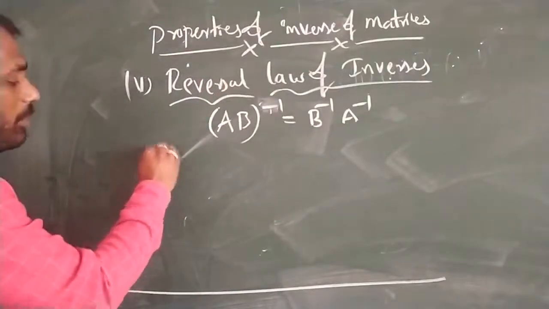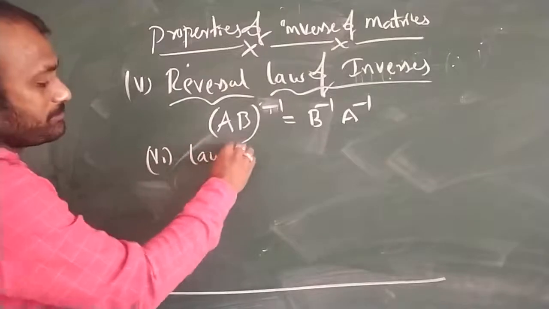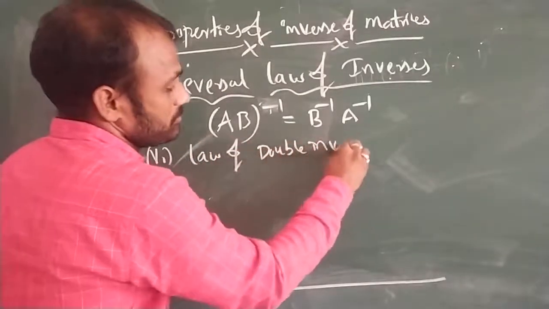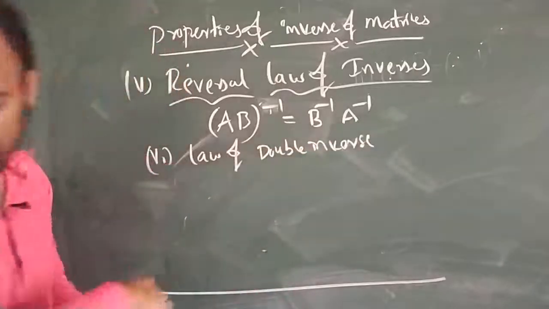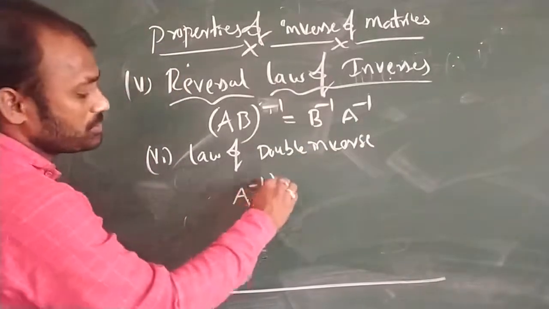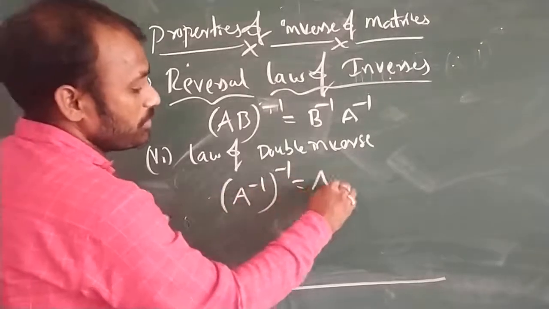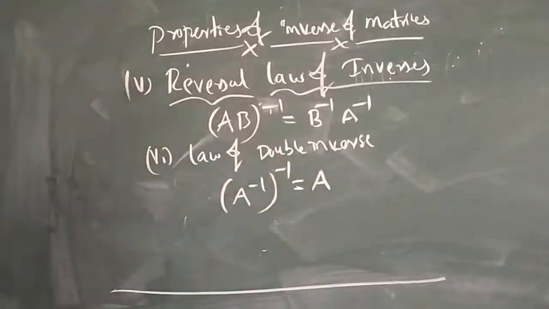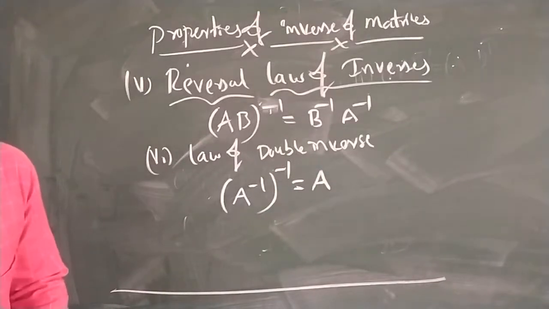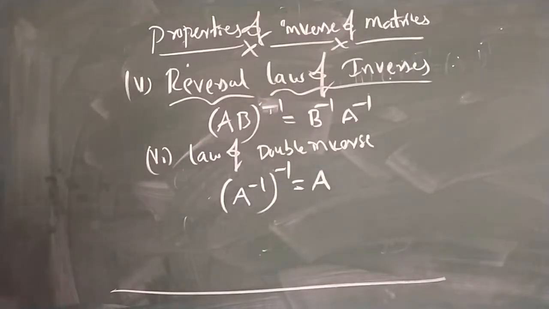Next, sixth one, law of double inverse, which is A inverse whole inverse, so it will be the A matrix. So these are all the various laws, and finally we have another law.